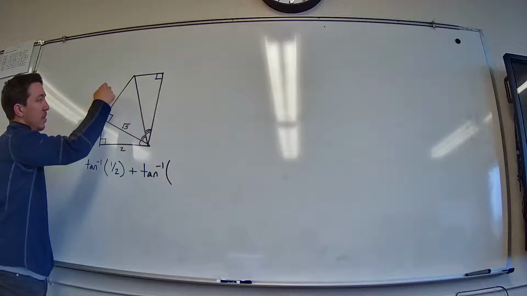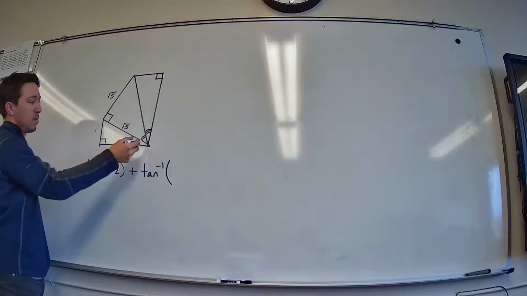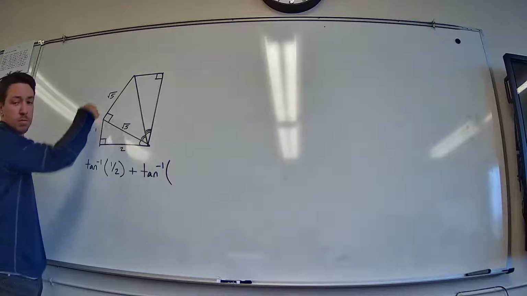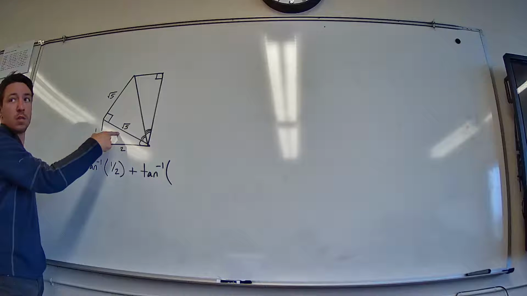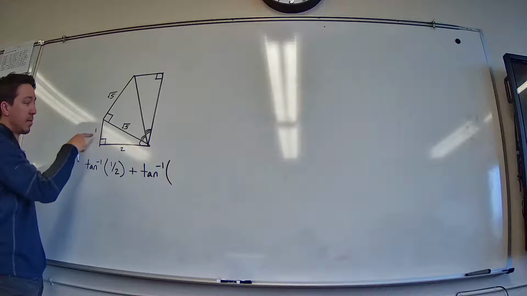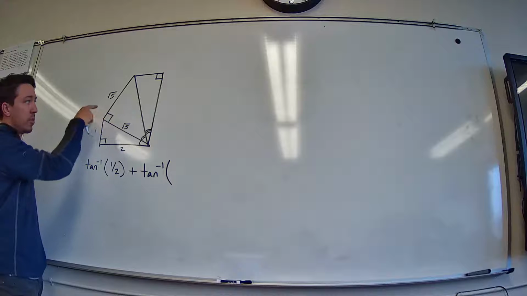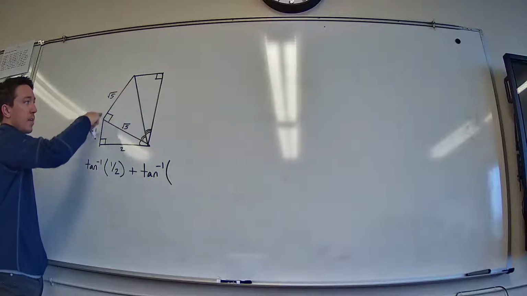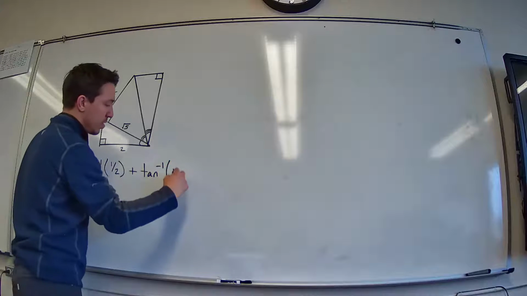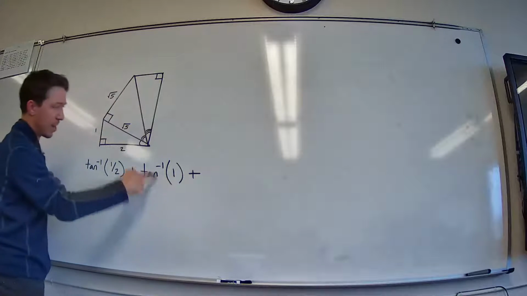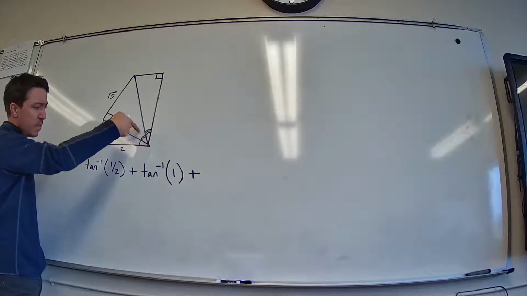It's a 1 by 2, by the Pythagorean theorem: 1 squared plus 2 squared. You can use the same argument over here. If you look at the grid, it's a 2 by 1 triangle here. And so the inverse tangent here is 1. So that describes the middle angle.